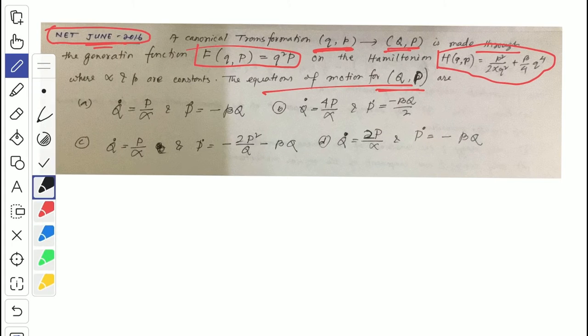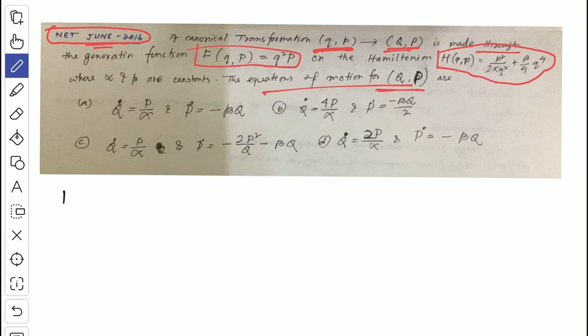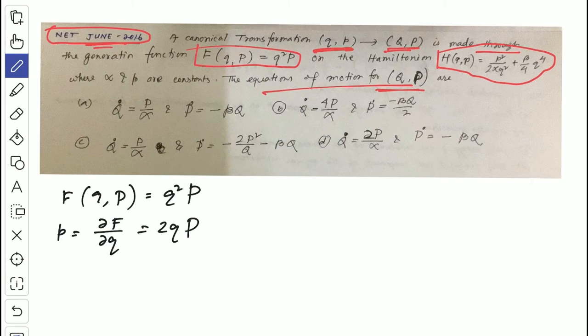First, let us write the generating function. What is the generating function here? F of small q and capital P, which is equal to q² times capital P. So small p will be given by ∂F/∂q, which is equal to 2qP.